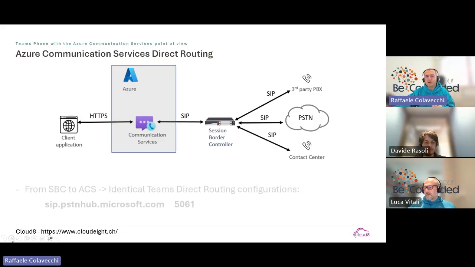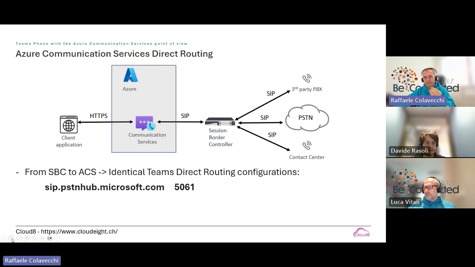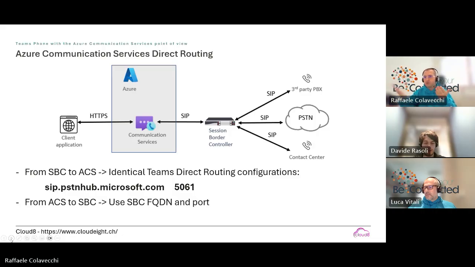To do that, we need to configure the same endpoint on the SBC, sip.pstnhub.microsoft.com, with the same port. So for people who know Microsoft Direct Routing, this is the same configuration. And this is the same configuration also from the ACS to the SBC.